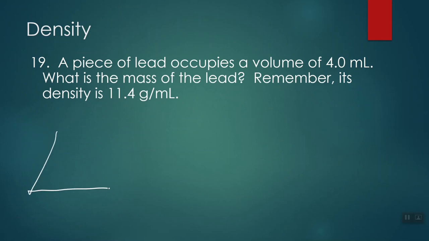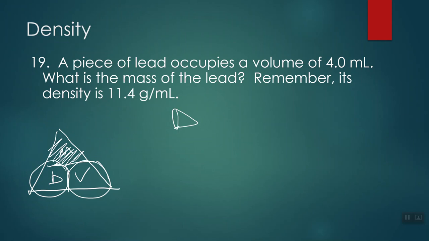All right, let's get a little more difficult. The great triangle of science. A piece of lead occupies a volume. Circle volume. What is the mass? They're looking for mass. Remember, its density is 11.4 grams per milliliter. What's left?